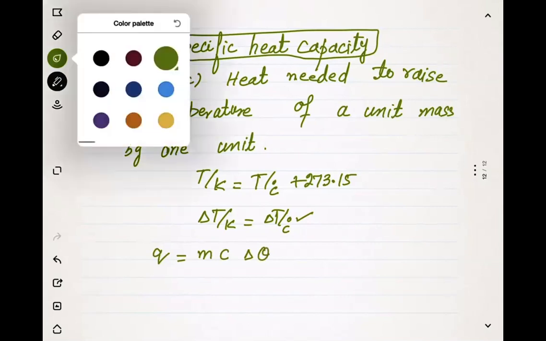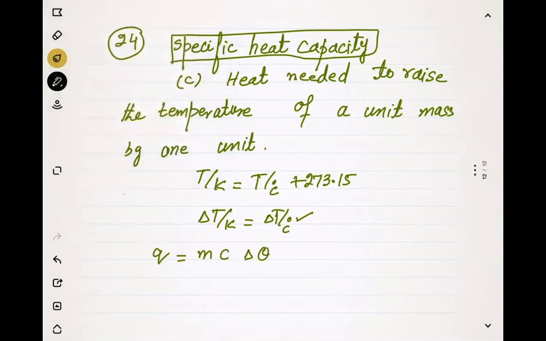In this formula, the different variables are: Q here is, as you know, heat. M in this formula is mass. C in this formula is specific heat capacity.